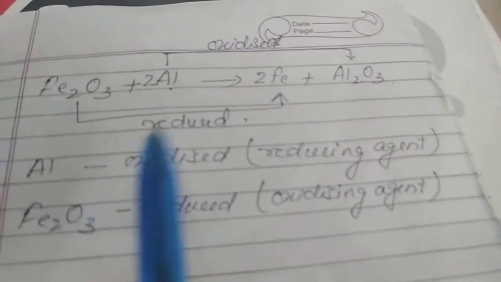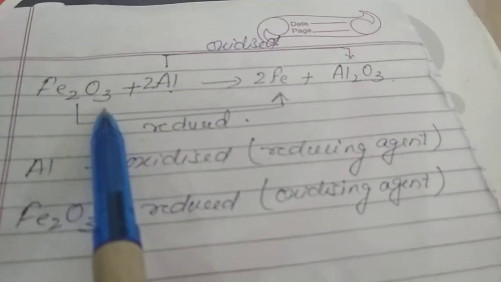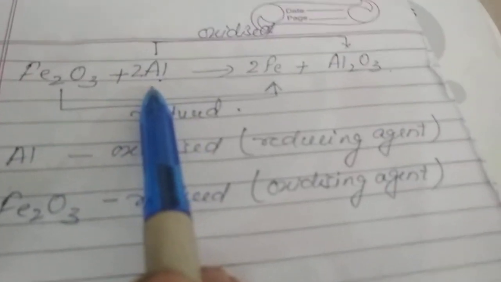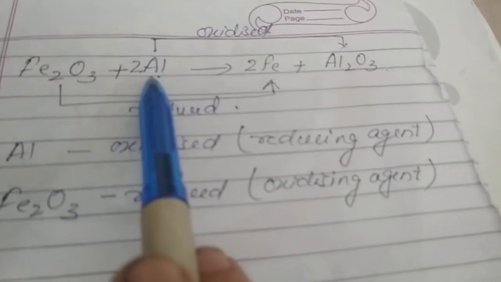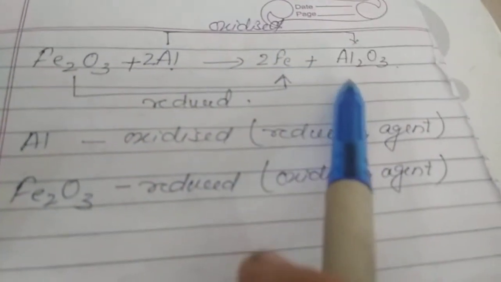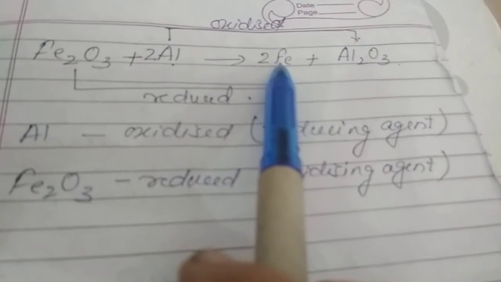Okay, similarly, I will try to explain with the help of another example. Ferric oxide, you can see the formula of ferric oxide, when it reacts with aluminium, aluminium being more reactive, displaces iron from its position and forms aluminium oxide, and iron is removed.